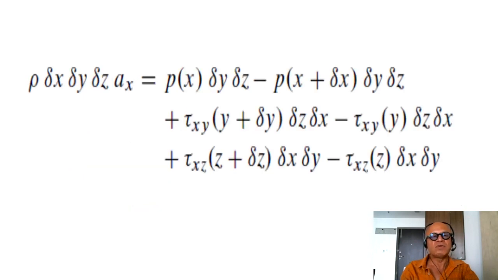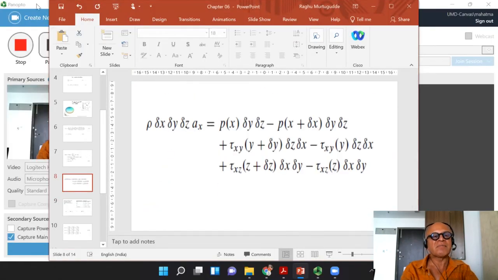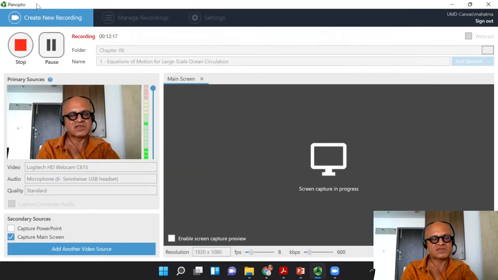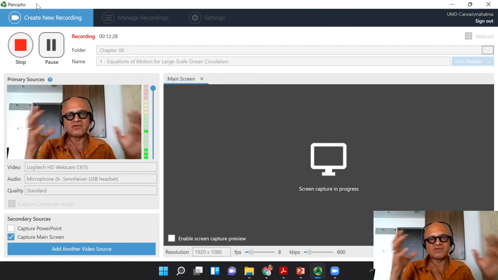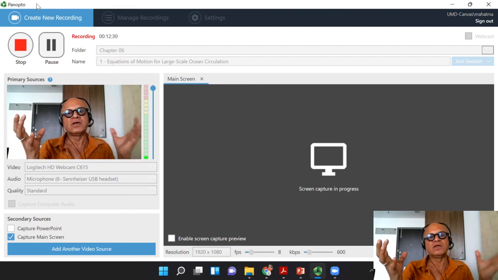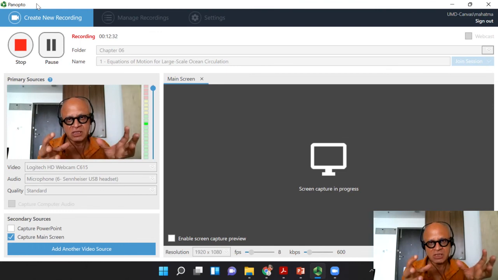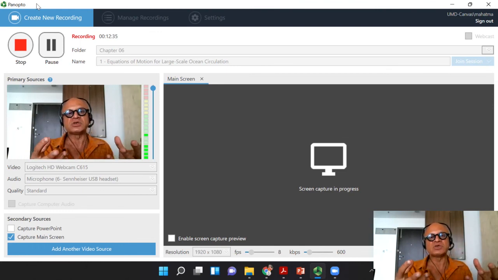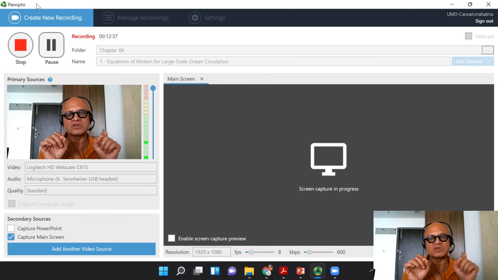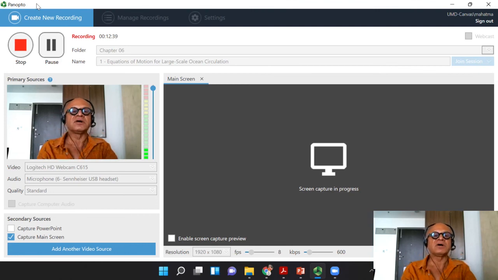Okay, so we will leave that there and then come back and derive the forces that act on a parcel, so that we can go back to F equals ma and write our equation of motion for a parcel of water, and then derive the equations for large scale ocean circulation. And then we get to make other approximations like the shallow water approximation to derive some equations which we will solve to show how climate modeling works.